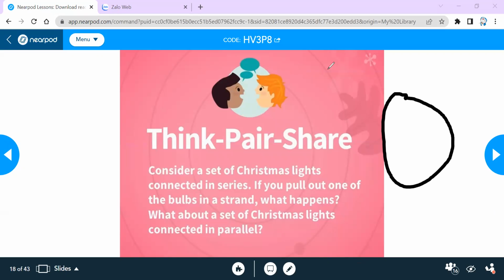We have all the light bulbs like this: 1, 2, 3, 4, 5, for example 6. Then we have a battery here. Let's compare this versus this.